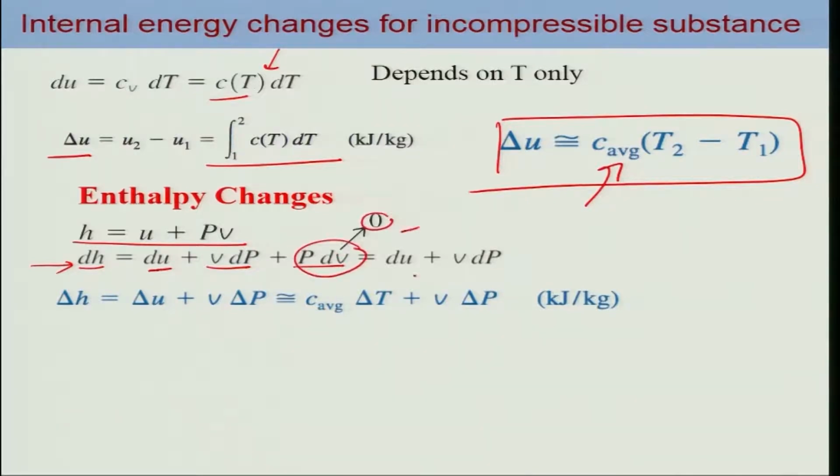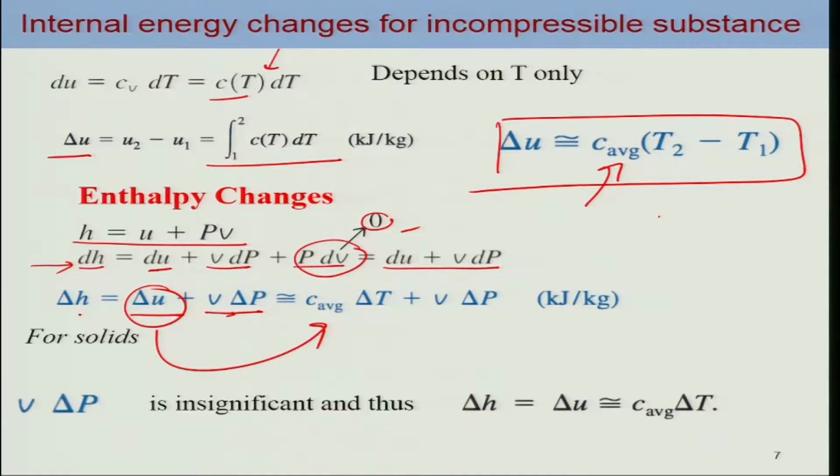So, what remains is dU plus VdP. Now, you can integrate this to get delta U and V delta P. We will talk about VdP later, but delta U you can replace by C average delta T as an approximation. So, this would be your enthalpy change for an incompressible substance.